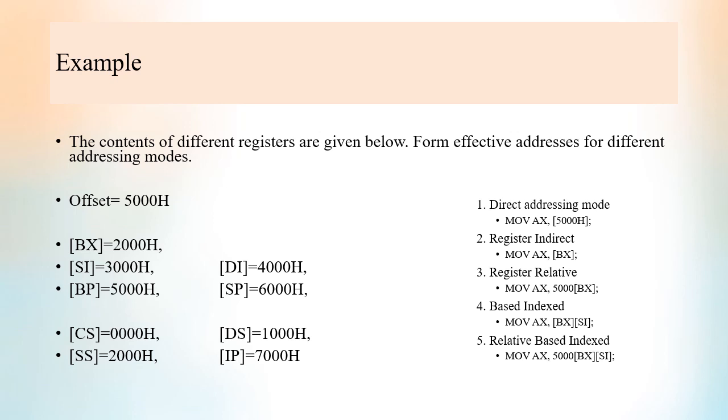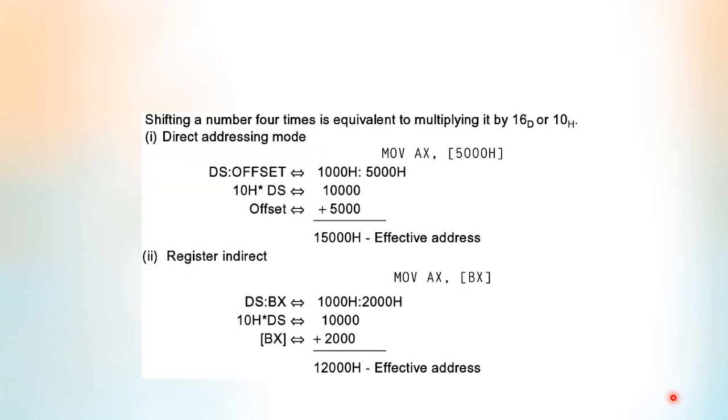Now let us consider an example for the calculation of effective addresses for different addressing modes. So here we have the values of various registers. We have to calculate the effective addresses for these addressing modes. Let us see how this is done. First one is direct addressing mode.